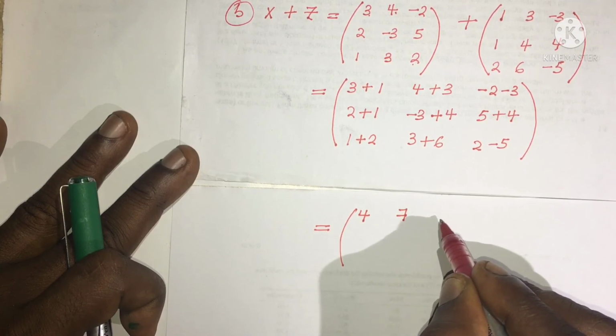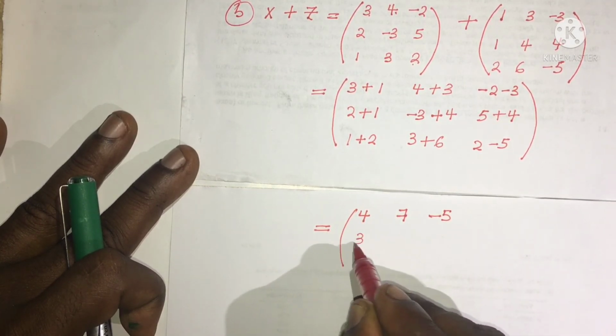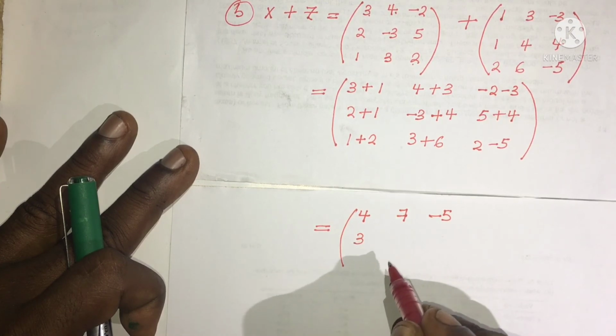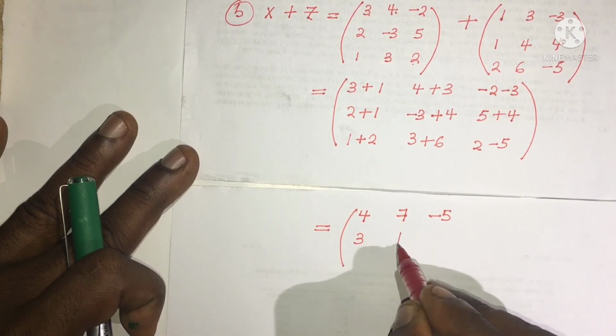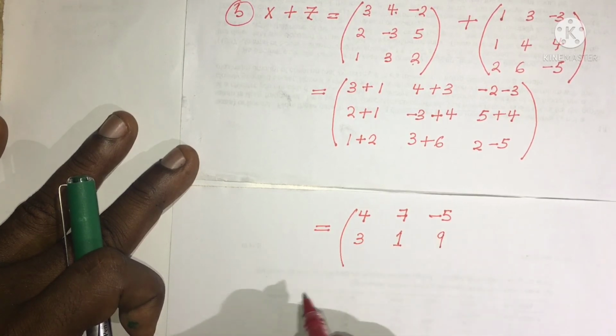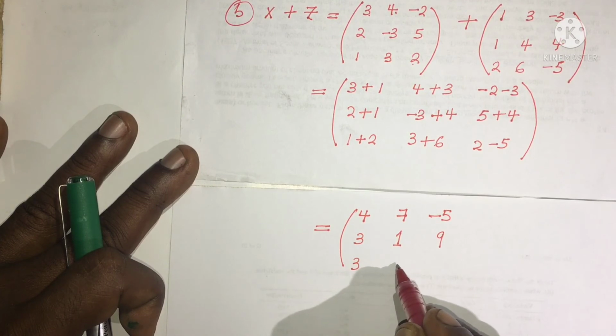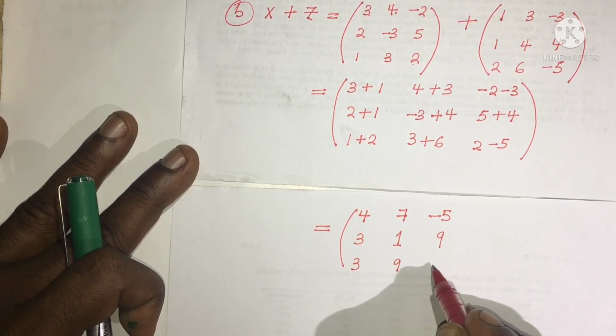Minus 2 minus 3 will give you minus 5. 2 plus 1 will give you 3. Minus 3 plus 4 will give you 1. 5 plus 4 will give you 9. And 1 plus 2 will give you 3. 3 plus 6 will give you 9. And finally, 2 minus 5 will give you minus 3.